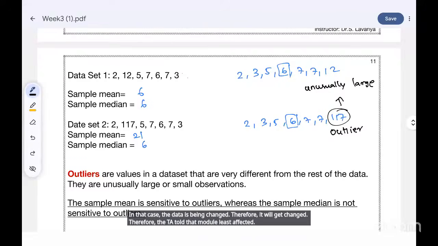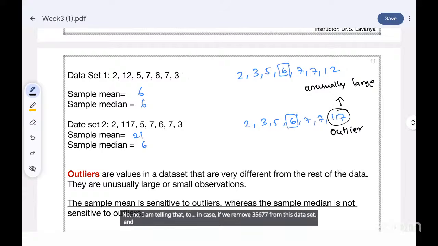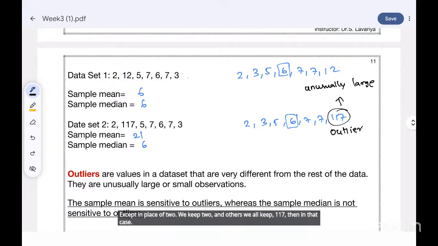So why is 2 an outlier? That part I did not get. No, I am telling that in case we remove 3, 5, 6, 7, 7 from this data set and in place of those we put 117 to all, except in place of 2 we keep 2, then in that case 2 will be considered as the outlier, no?